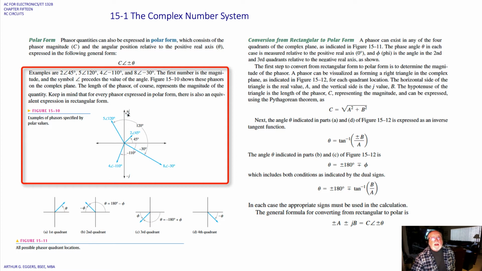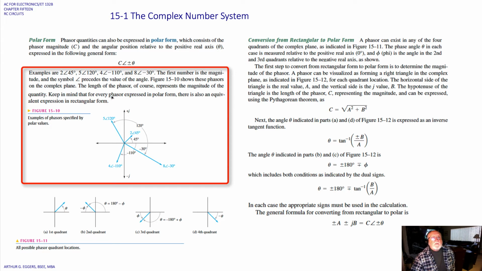real and imaginary axis. The length of the phasor, of course, represents the magnitude of the quantity. This can be drawn out on a piece of graph paper, where you let the size of the graphical squares match the corresponding magnitude. But we're going to do them all very simply here. Sometimes you mark it and just say not drawn to scale.